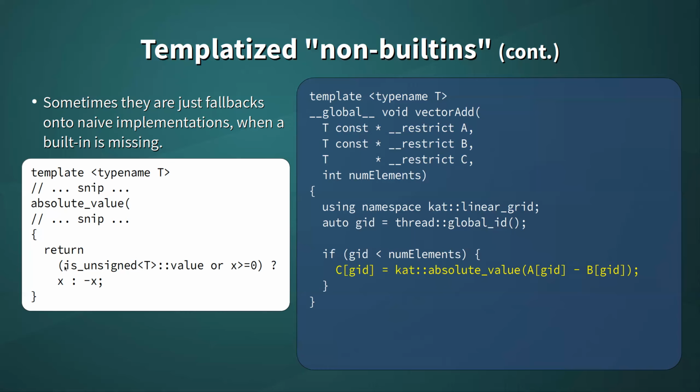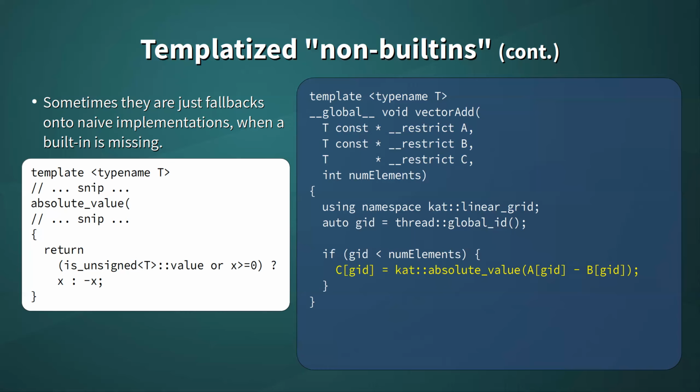If you've declared your type to be unsigned using the std is_unsigned trait, then the absolute value does nothing and just returns your value, and otherwise we'll compare against 0. Now this will not work for any type, but if you implemented a type which has conversion from 0 and has a greater or equal comparison, then you can use cat absolute value with it, and this will just decay to the built-in when a built-in is available.